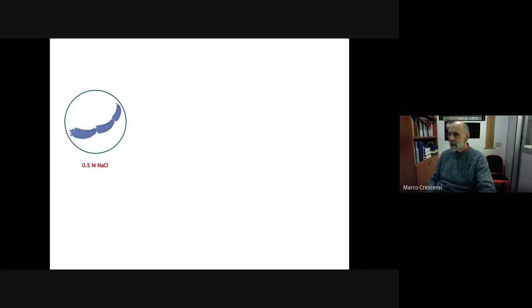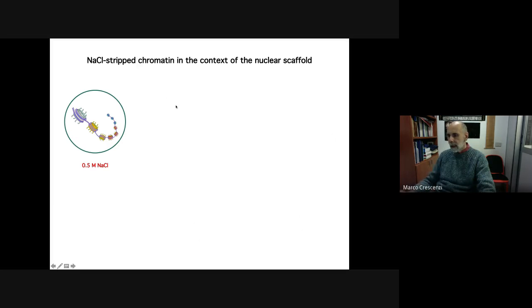So basically, it reduces full chromatin to a necklace of histones and nucleosomes.